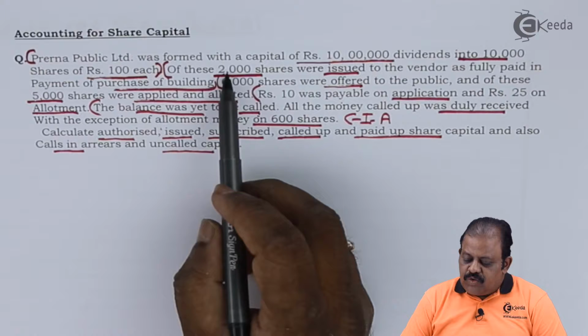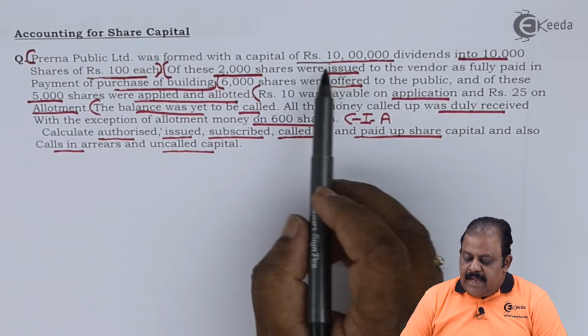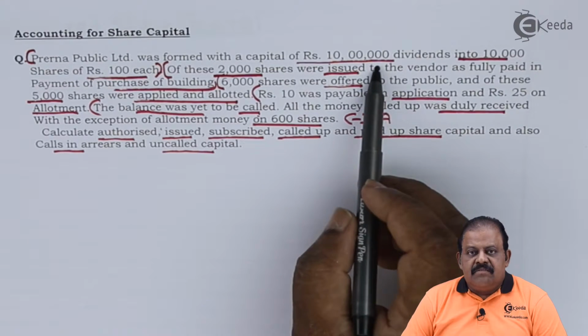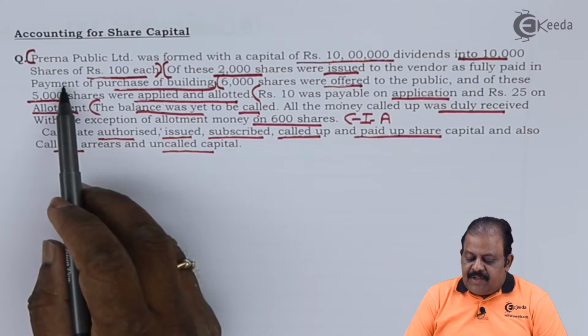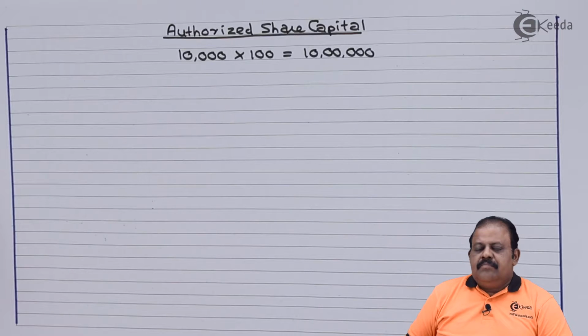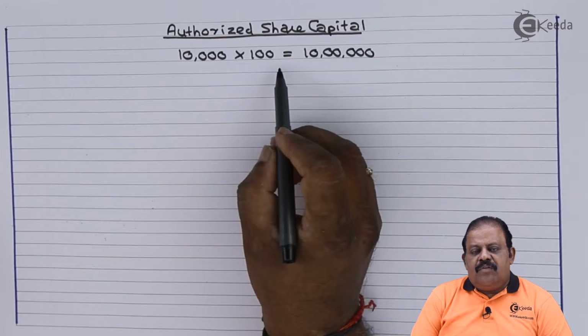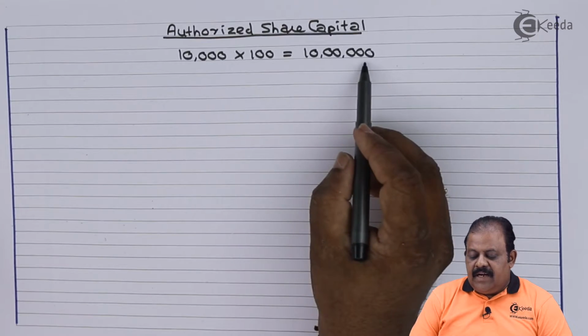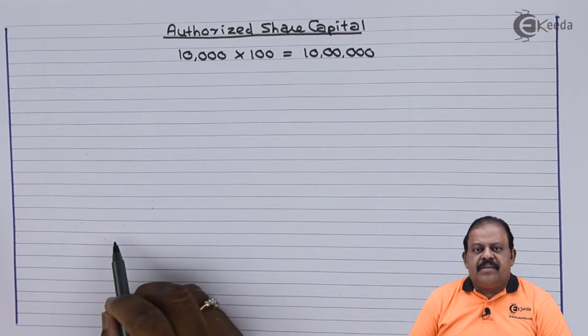Prerna Limited was formed with capital of rupees 10 lakh divided into 10,000 shares of 100 each. This is the authorized capital or registered capital of the company. 10,000 shares of rupees 100 each, 10 lakhs.